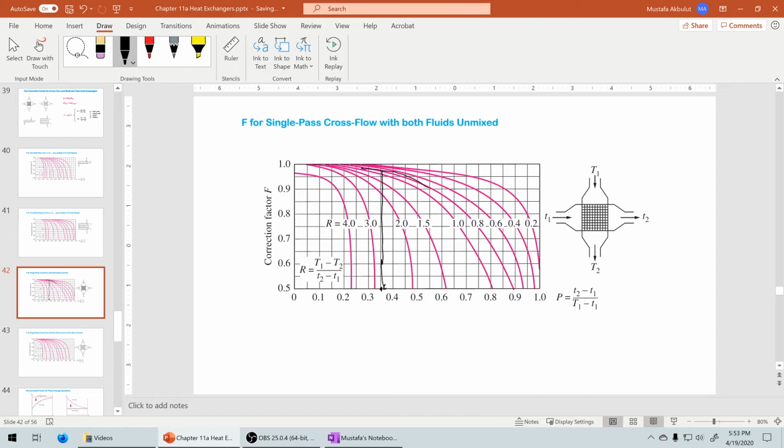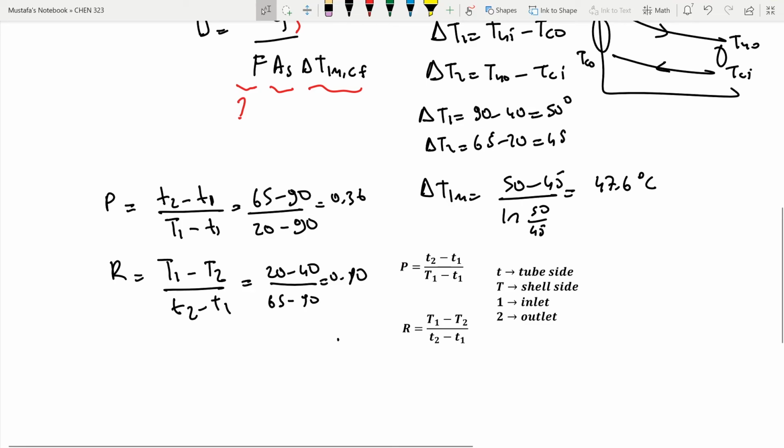So I have F, based on this graph, I have 0.97. So this is roughly here. So I have F value now, F is a function of R and P. And this is 0.97 from the graph.